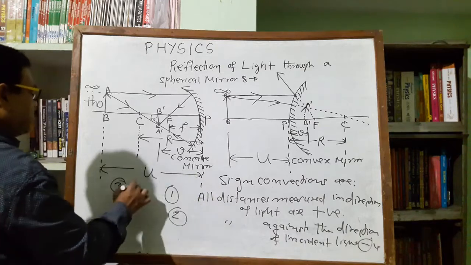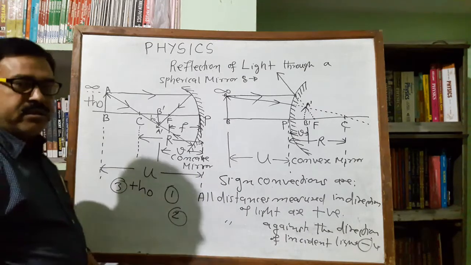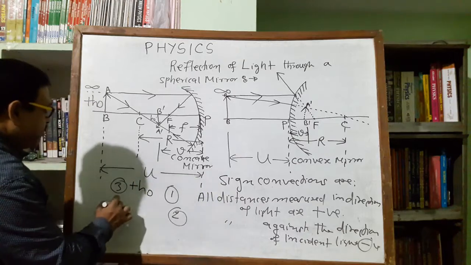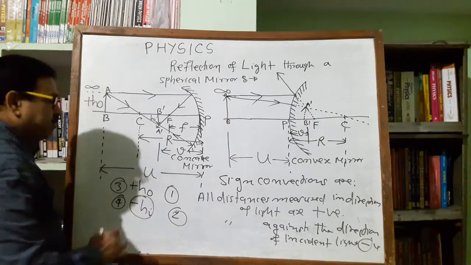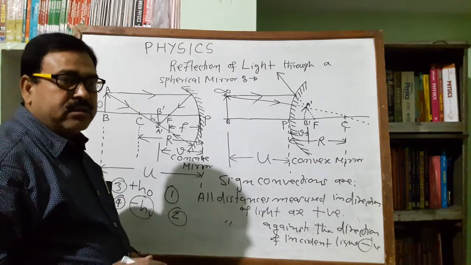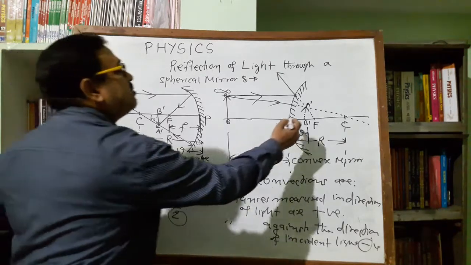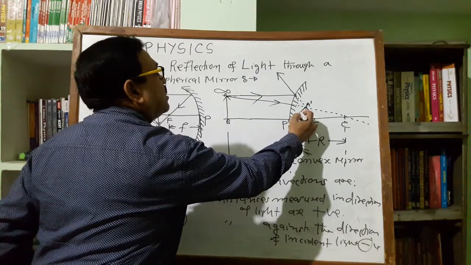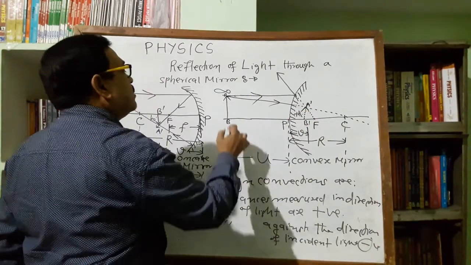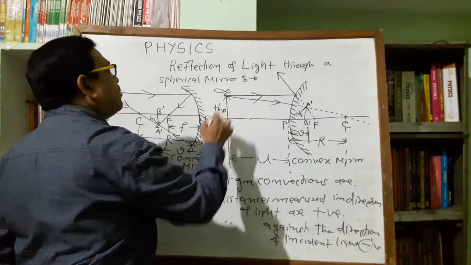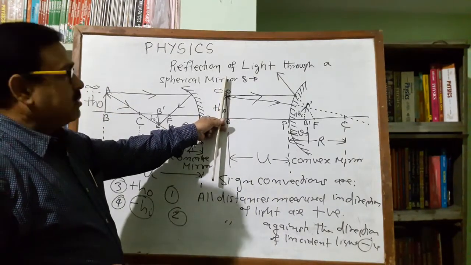So we put the height of the object positive because it is above the principal axis, and we take the height of the image negative when an inverted image is formed below the principal axis. If the image is formed above the principal axis, in the case of the convex mirror, we write HI positive, and HO is positive for the convex mirror because the object is always kept above the principal axis.